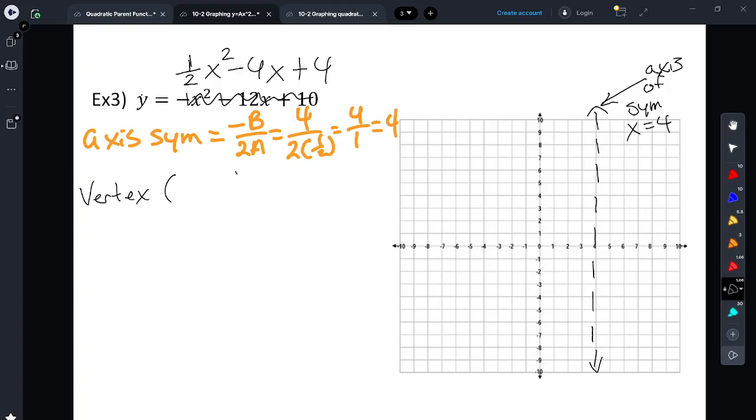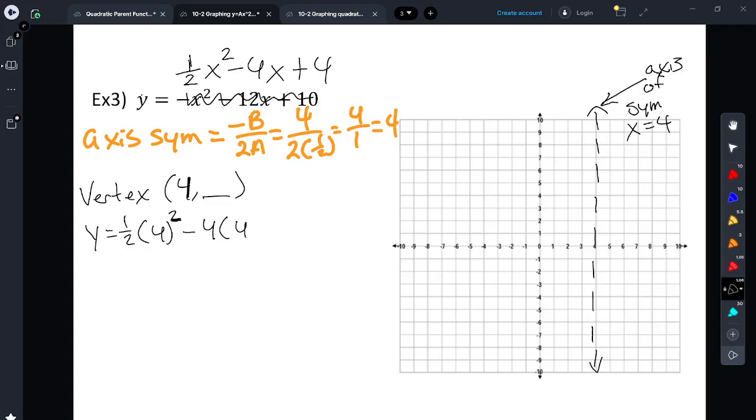We know it's at some point. What's the part of the point that we already know? The x. 4. So we know it's 4 comma something, right? All right, plug in the 4. I think I made this pretty nice numbers. I'm going to write this one out because this takes a little bit of work, right?